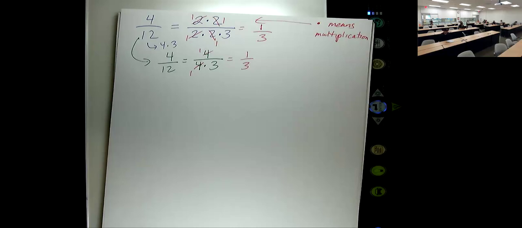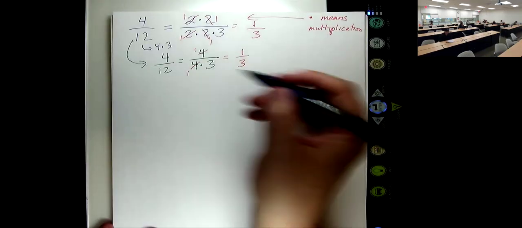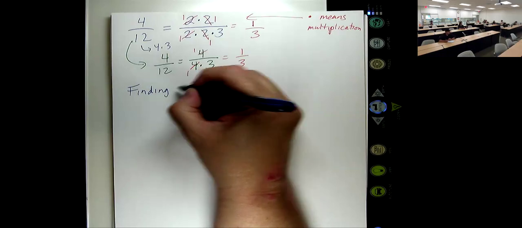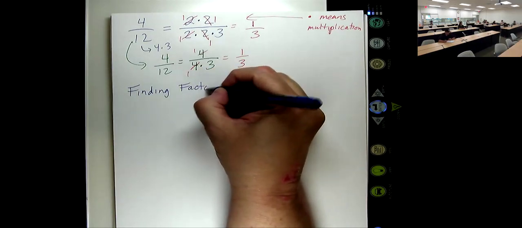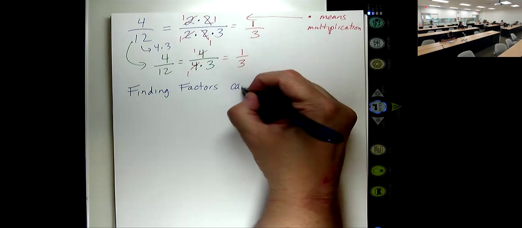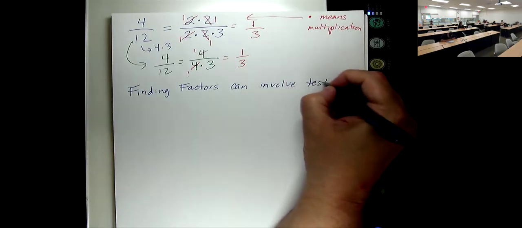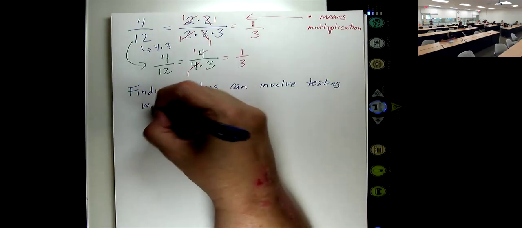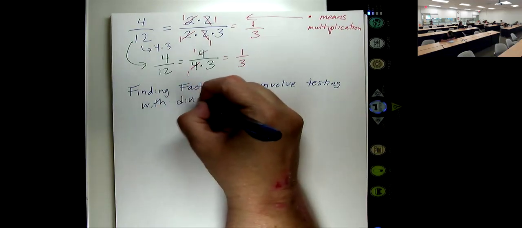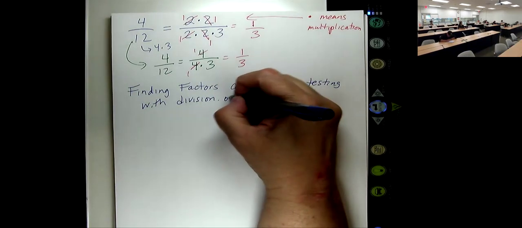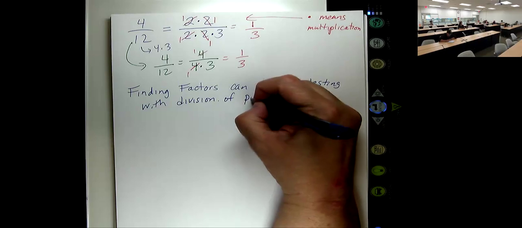So the way we find factors can involve testing with division, prime numbers.